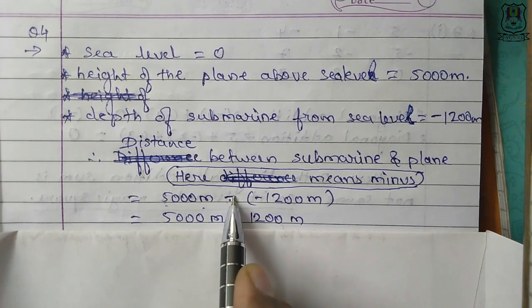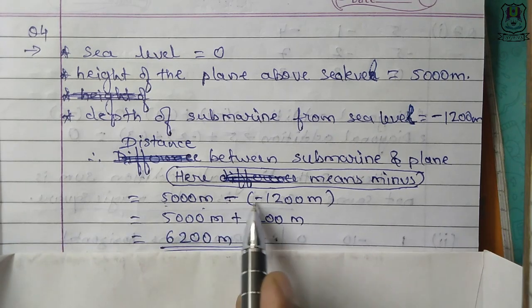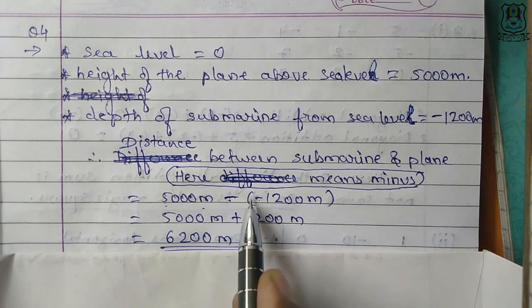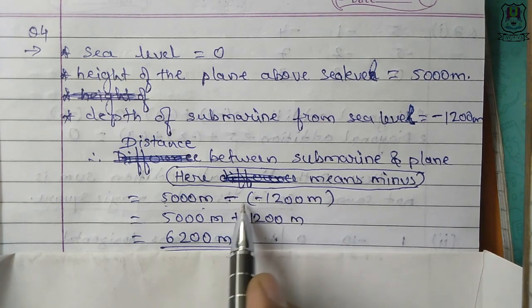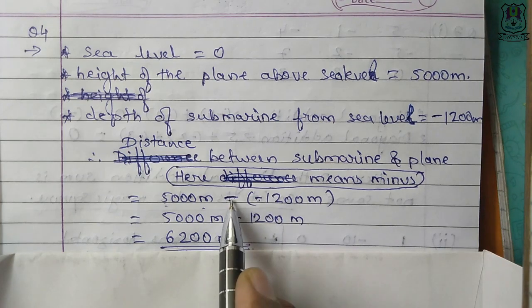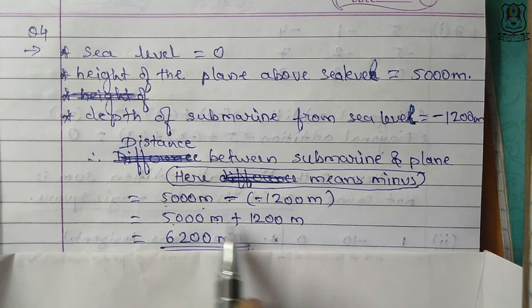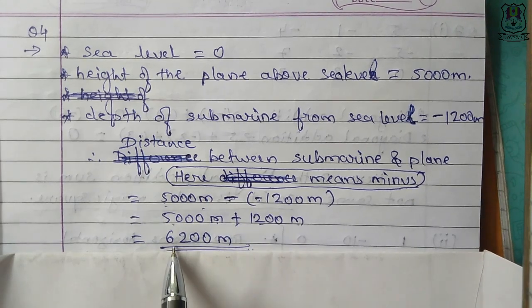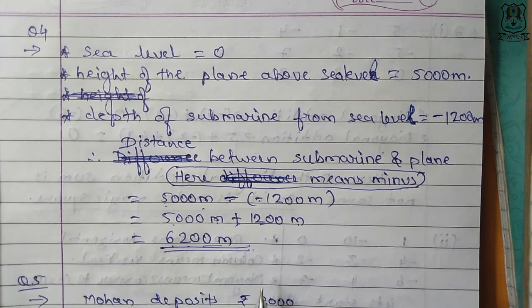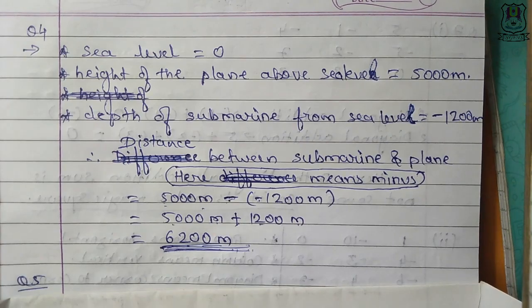So distance is minus. As I explained, when there is a negative sign outside the bracket, when we open the bracket, the negative sign changes to positive, and also we can say minus minus becomes plus. So 5000 meters plus 1200 meters is equal to 6200 meters. So the distance between the submarine and the plane is 6200 meters.